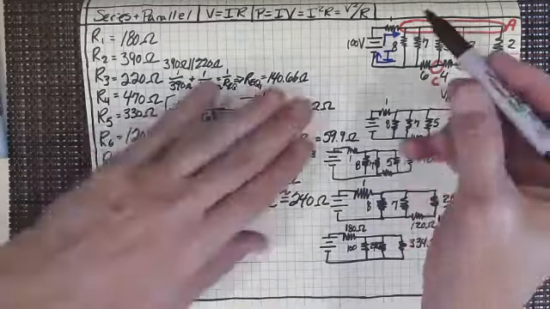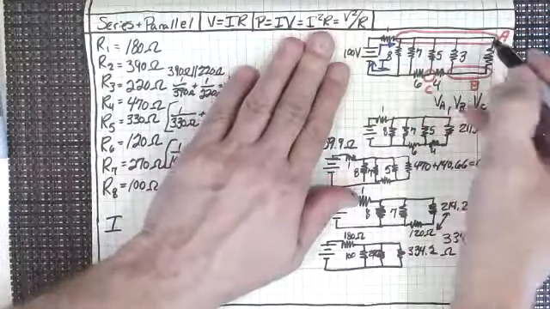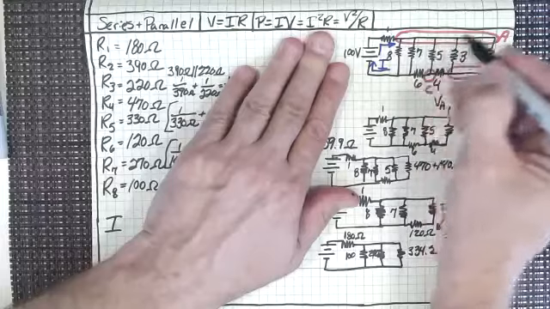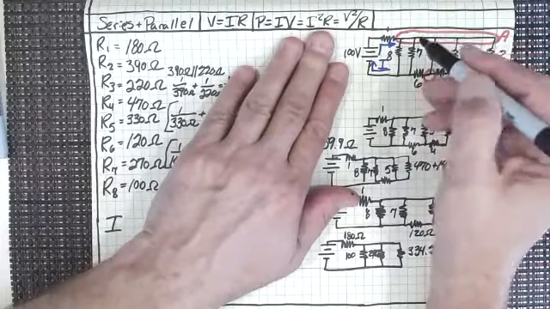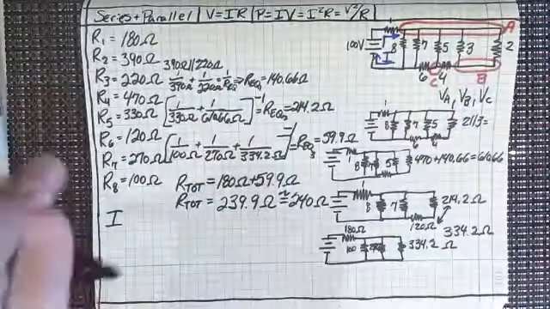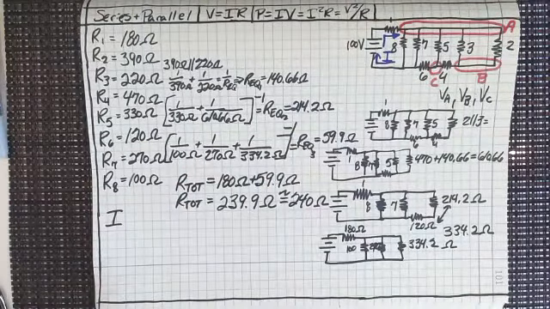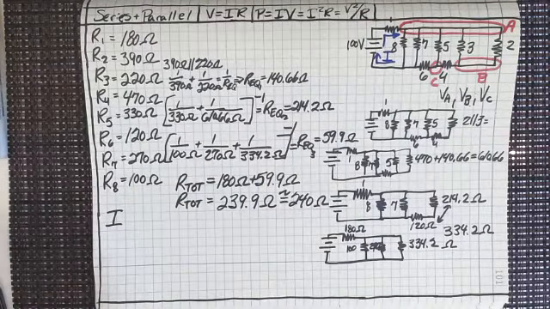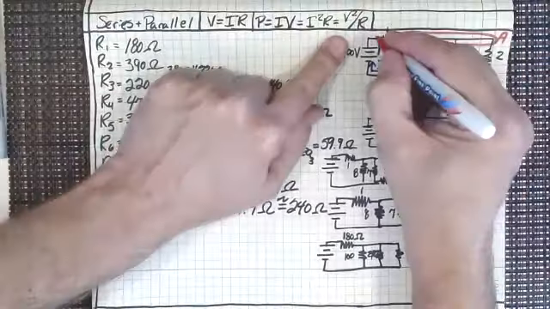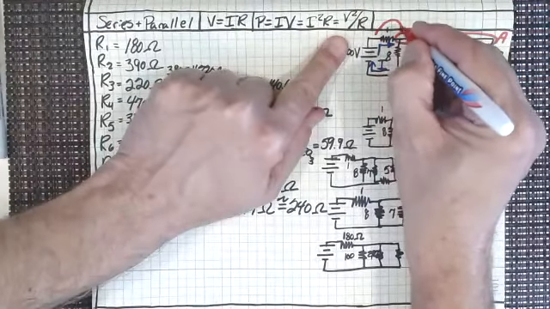And really, why am I trying to find that out? Because I want to find out what node A voltage is, don't I? And can't I find that out by finding out what the voltage drop is across that first resistor? That's right.